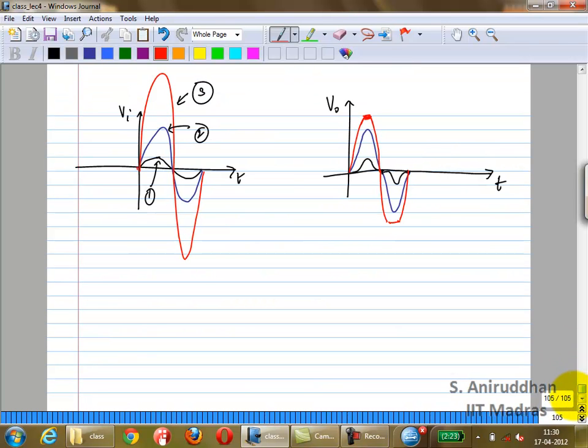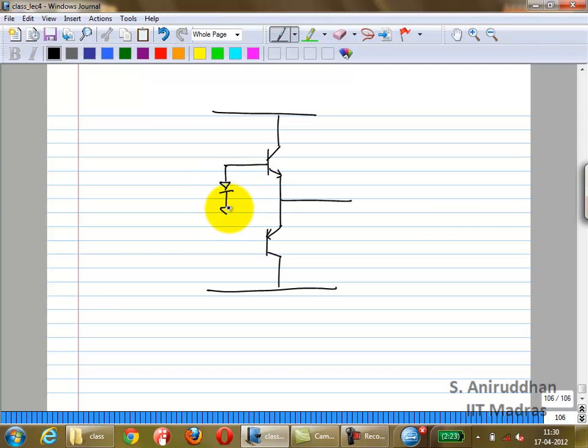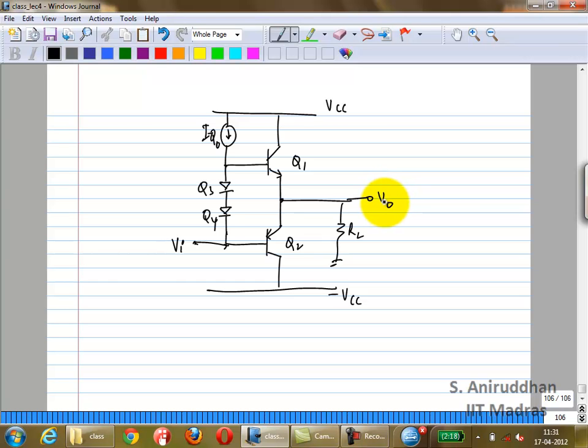So let's see what that will look like. Call this Q1, Q2, Q4. This is an example of how you would add the two diodes.